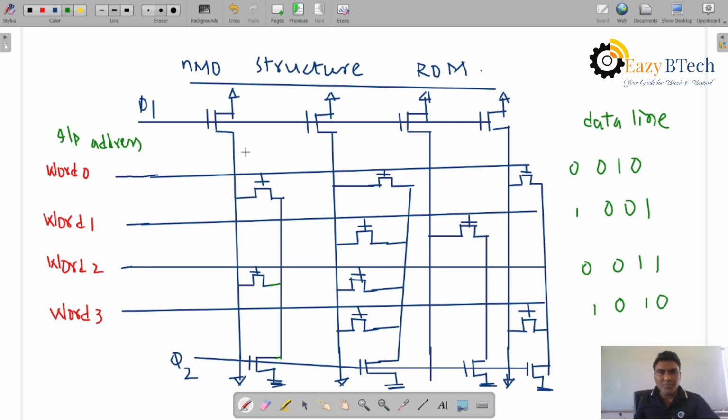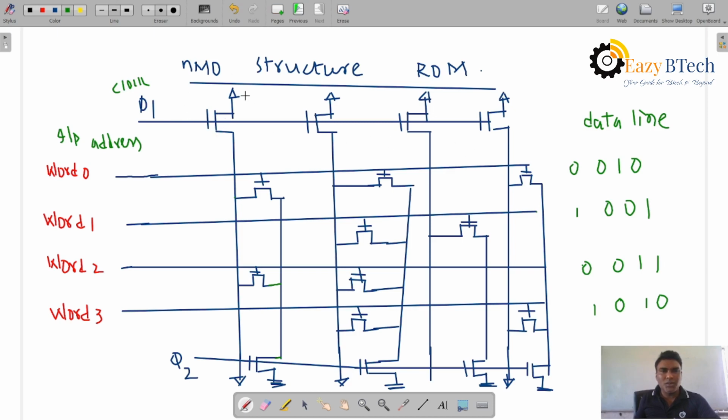When the transistor is present and the word line is high, all the gate terminals are on. Phi 1 is the input clock signal, so we can say the clock is applied.